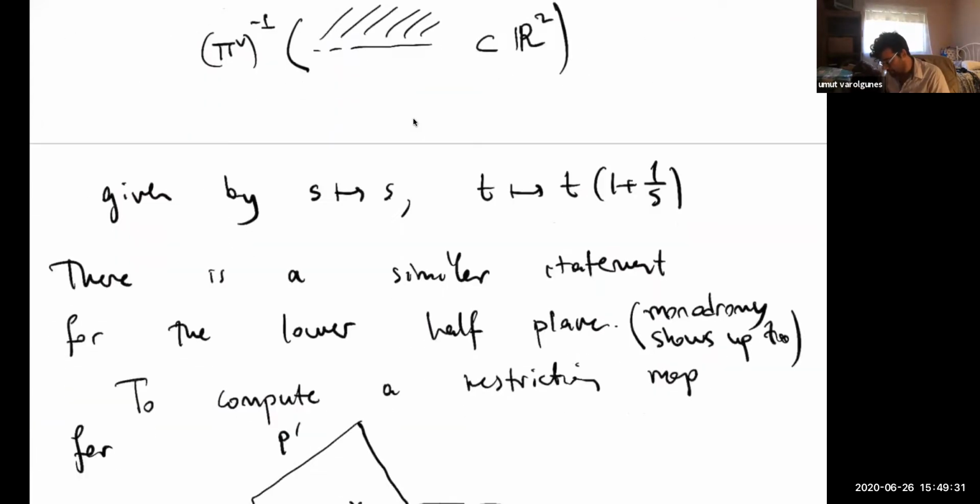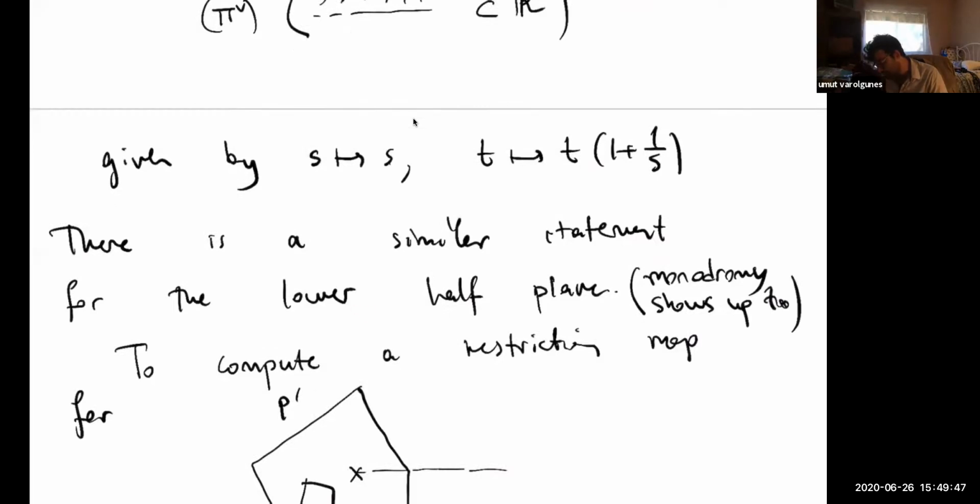The map should fix one of the coordinates, and it should send the other generator of the coordinate ring to T times 1 plus 1 over S.